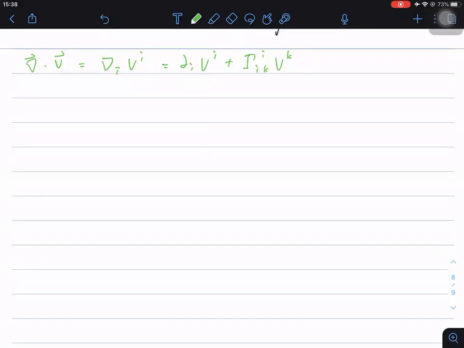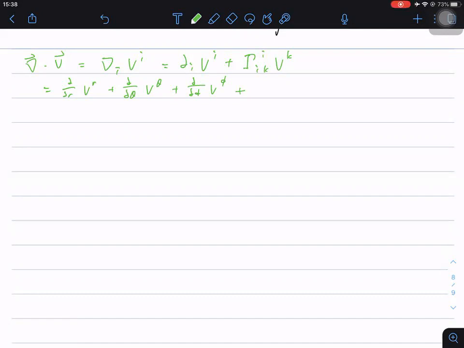It'll be something like this, and then what we have is something like this plus summing all the Christoffel symbols.